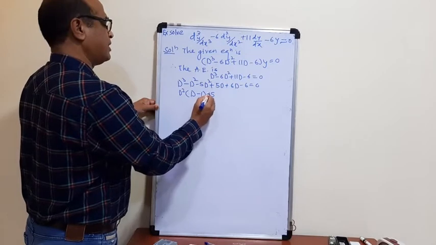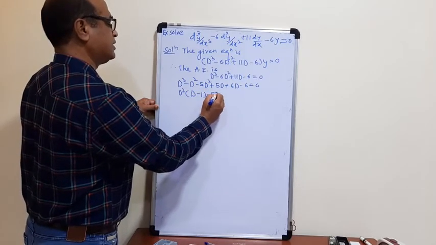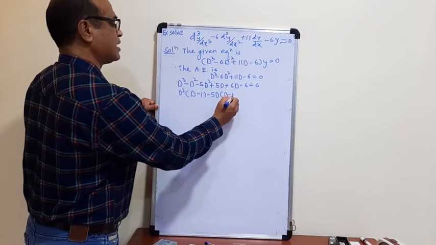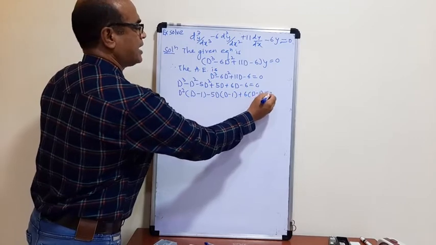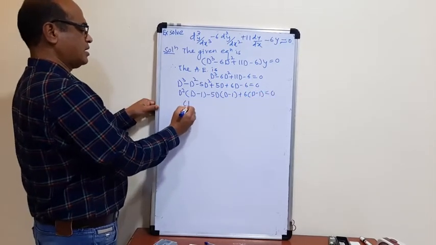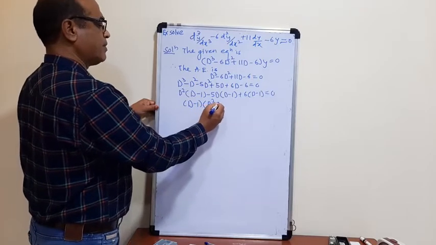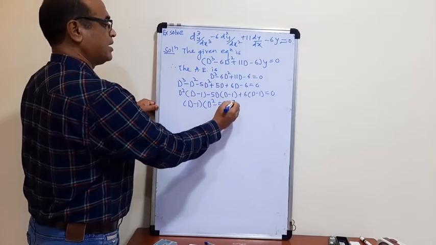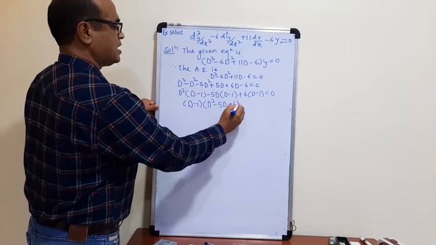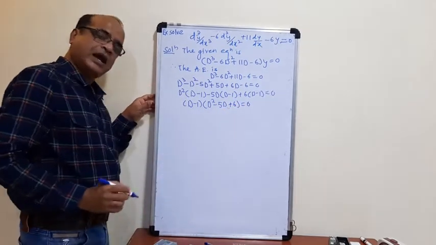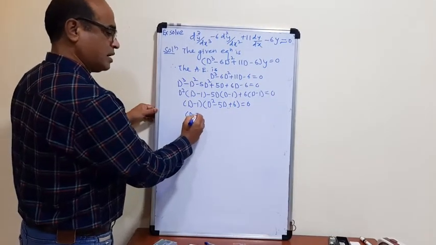Minus 5d common out, d minus 1, plus 6 common out, d minus 1. Again common out d minus 1, so d minus 1 into bracket d square minus 5d plus 6 is equal to 0. Very simple example. So that is d minus 1.